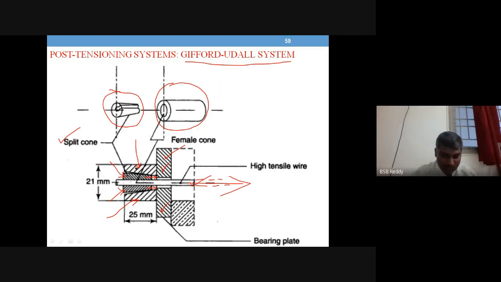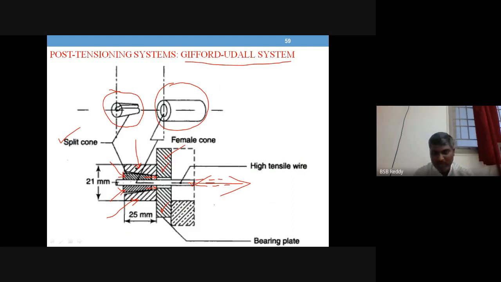The ducts are generally formed by metal sheathing cast into the concrete member. We use metal sheathing to provide the ducts. So this is how the Gifford system will work out, and you can see only one wire can be tensioned at a time.